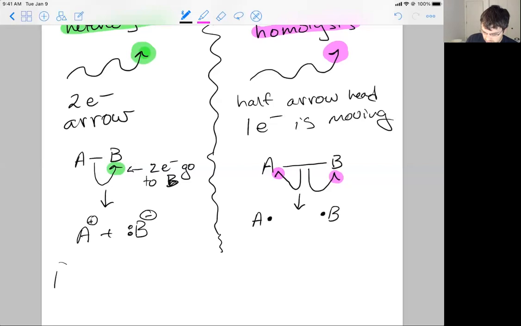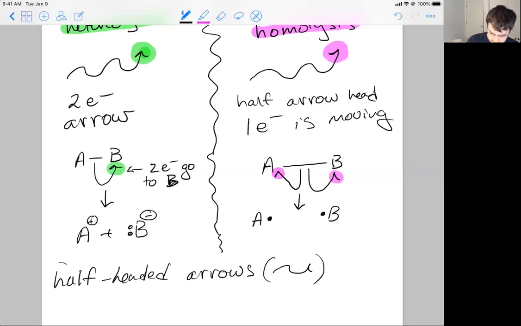So the half-headed arrows. Okay, so I've got my half arrowhead here. My half-headed arrows actually have a fun name. It's called a fish hook arrow.